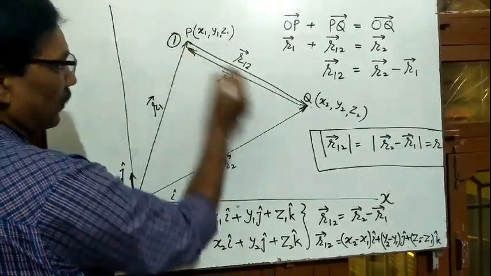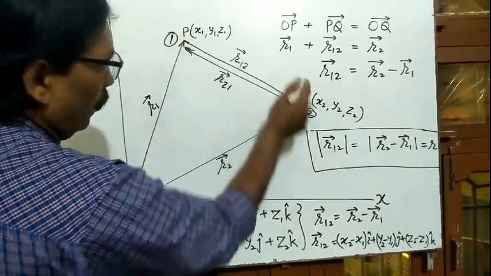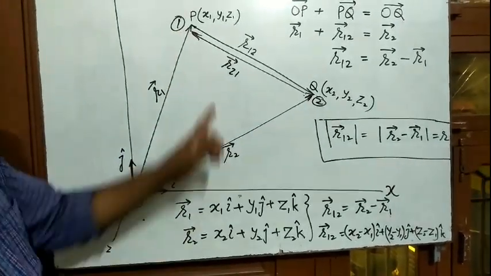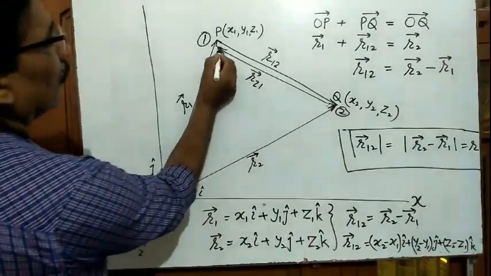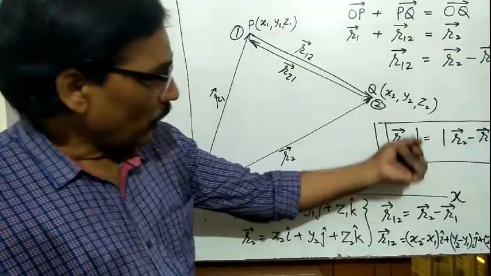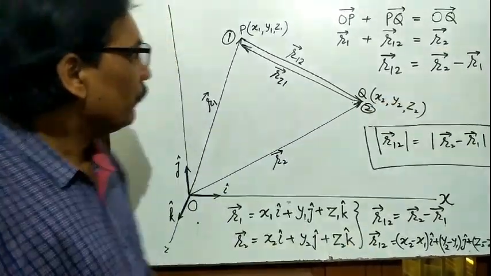Say this point is 1 and this point is 2, or point P or Q. Displacement from 2 to 1 in this direction. As you have written, r12 is equal to this much.